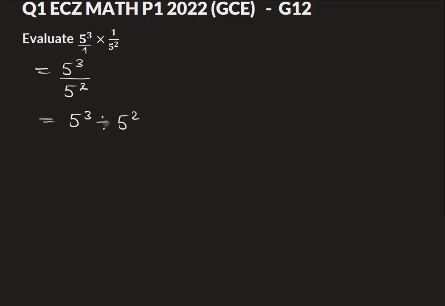A key thing to notice is that the bases for your divided indices, numbers raised to some power, should have the same number. We have a 5 here and a 5 here as our base. So we can make a common 5 base, then subtract, which will lead us to 5 to the power 1, which is just 5.